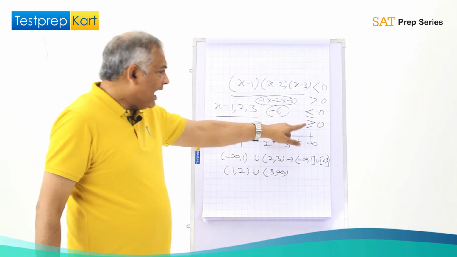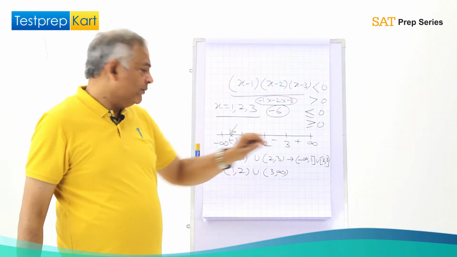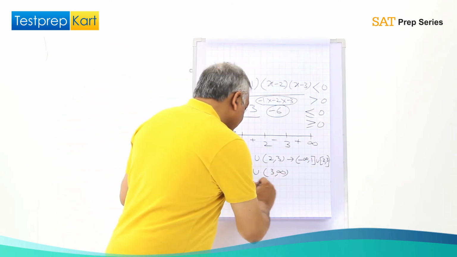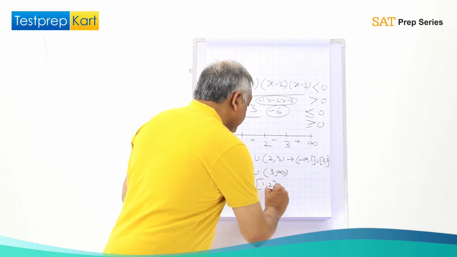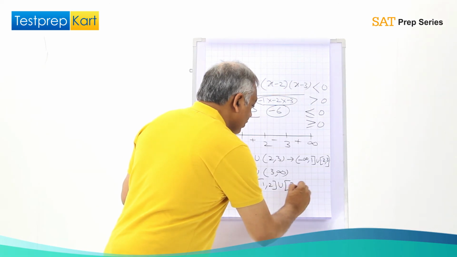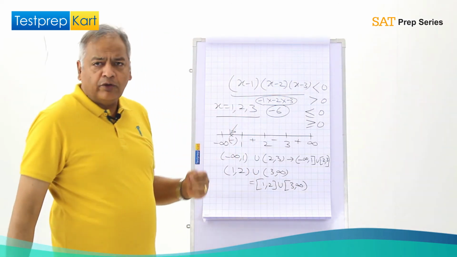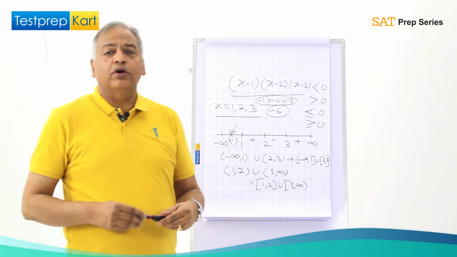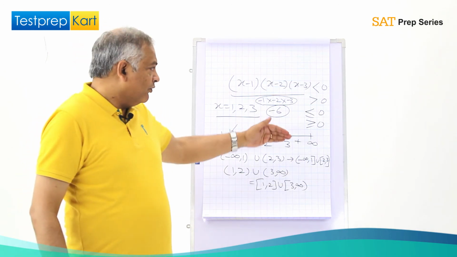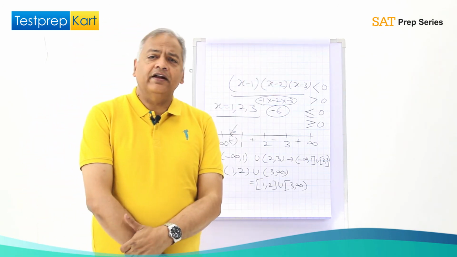Similarly, for greater than or equal to 0, my answer will be closed interval 1 to 2, union 3 to infinity. That's the only difference that less than or equal to or greater than or equal to will make, compared with less than and greater than 0.